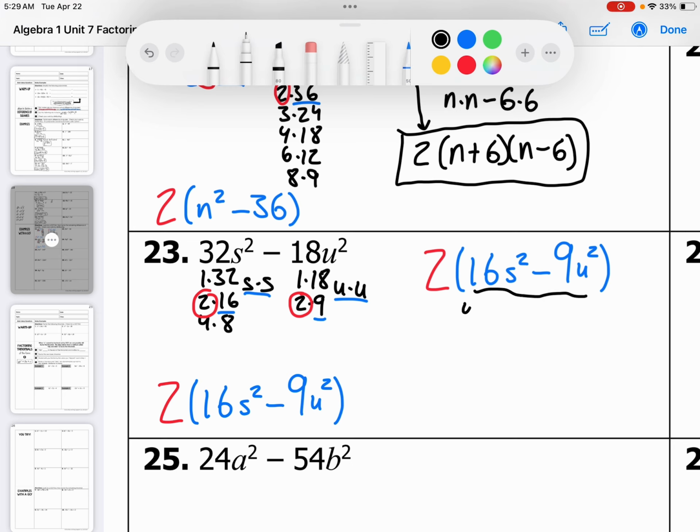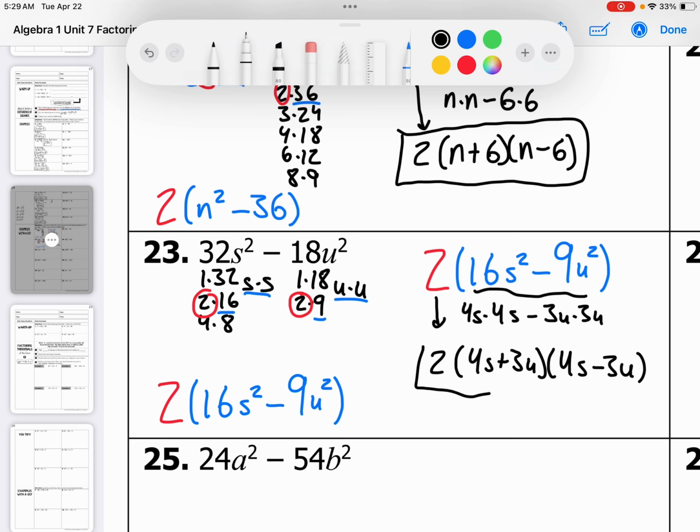The 16s squared would be 4s times 4s, minus the 9u squared would be 3u times 3u. So that gives me 4s plus 3u times 4s minus 3u. And then again, I need to bring down this 2 that I took out at the beginning.